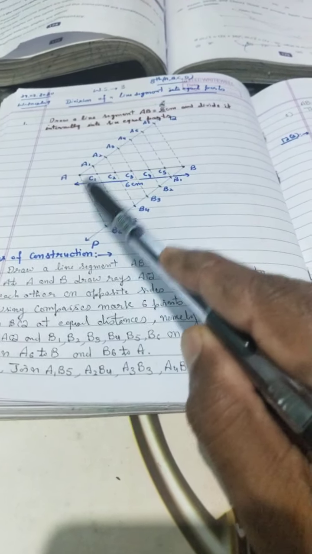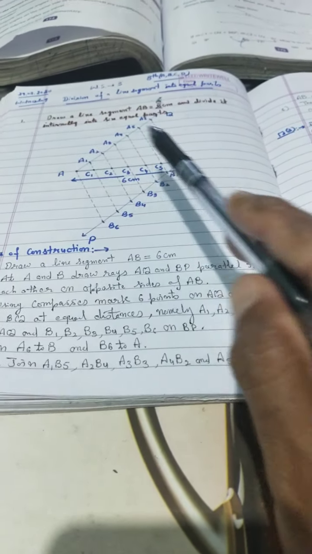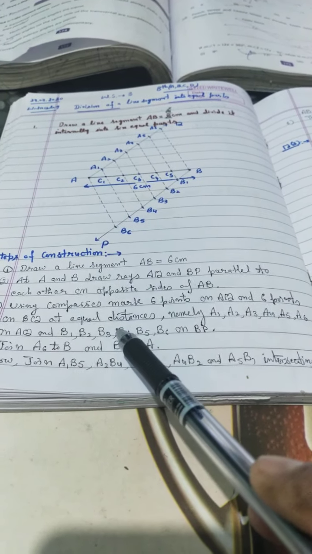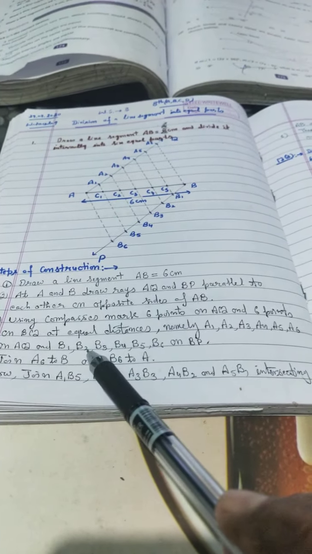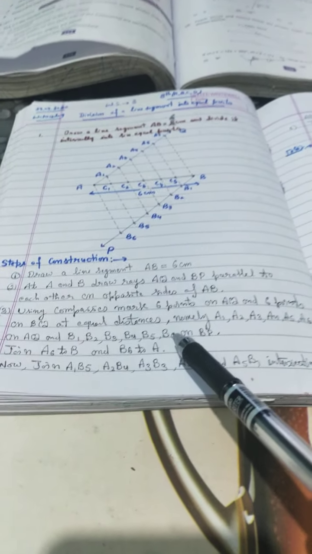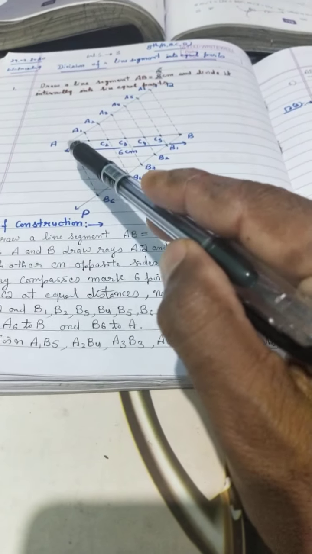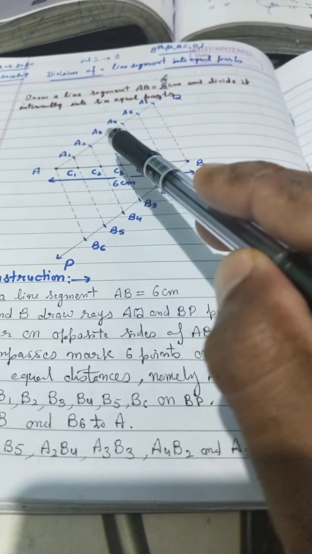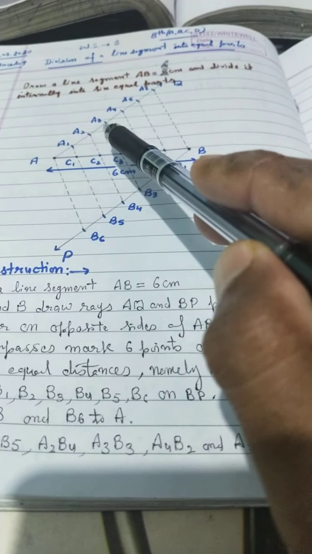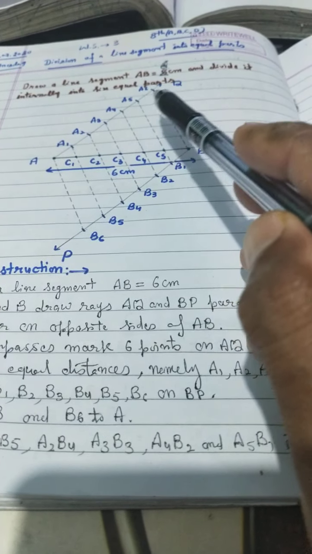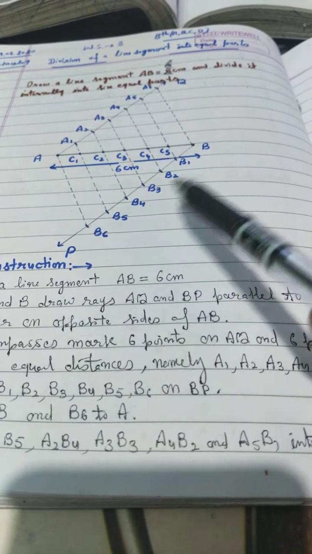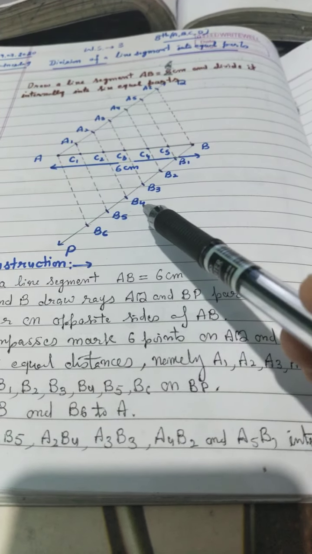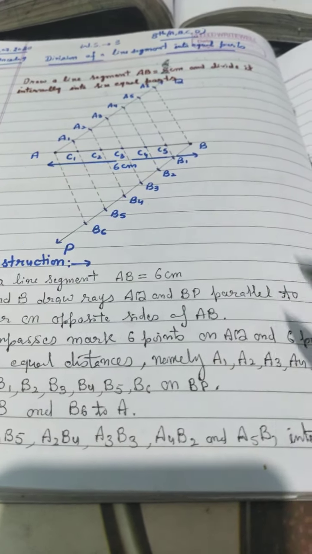So on AQ we mark 6 equal parts, and also on BP we mark 6 equal parts of equal distance, namely A1, A2, A3, A4, A5, A6, and similarly B1, B2, B3, B4, B5, B6.